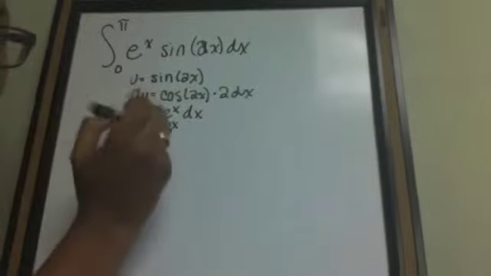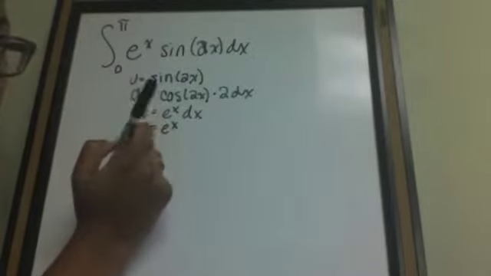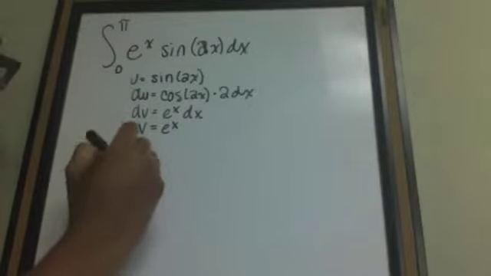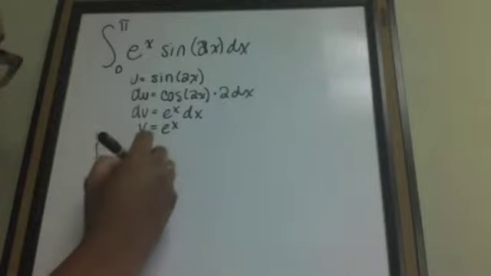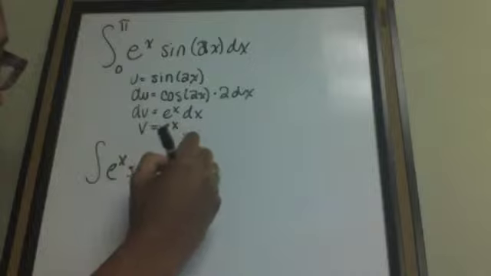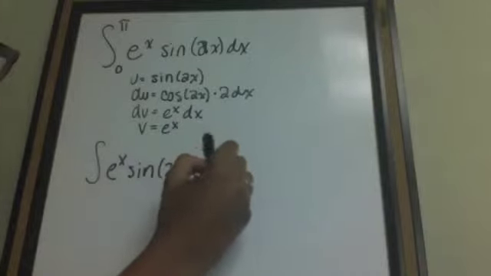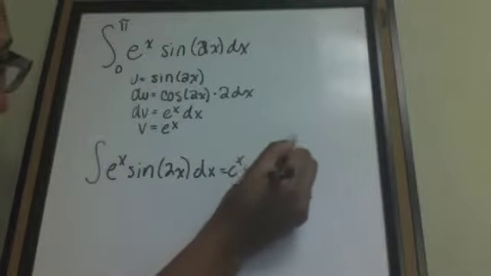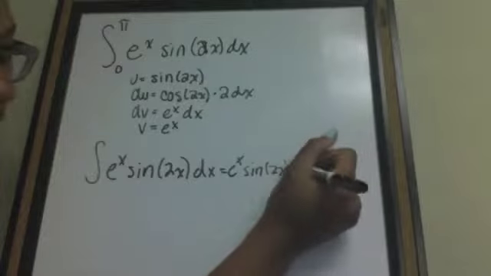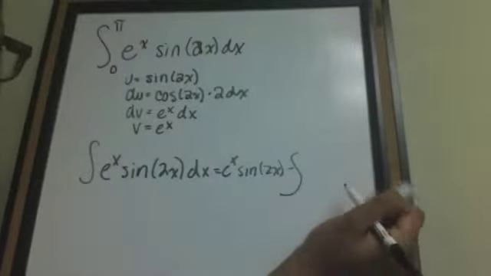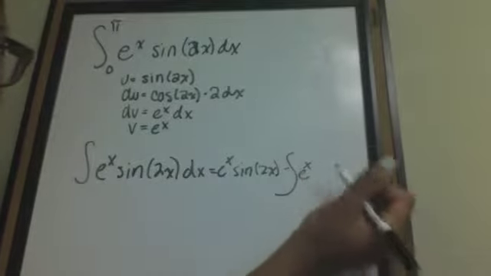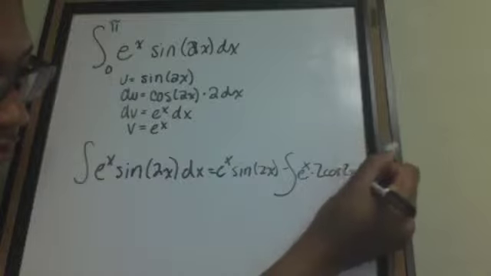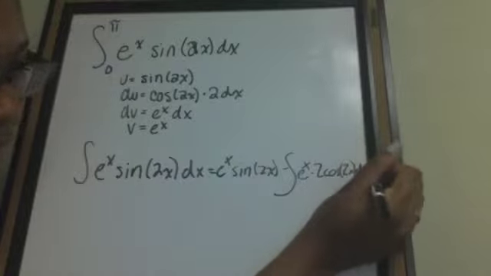And it is, right, the integral of e to the x sine 2x dx equals e to the x sine 2x minus, I hope I can fit this all, the integral of e to the x times 2 cosine 2x dx.